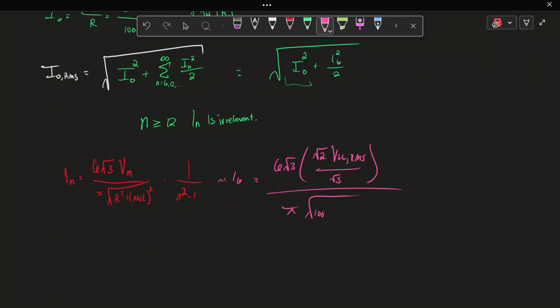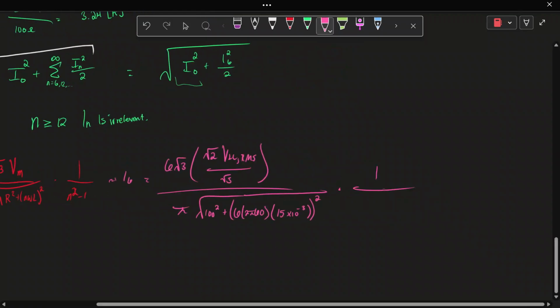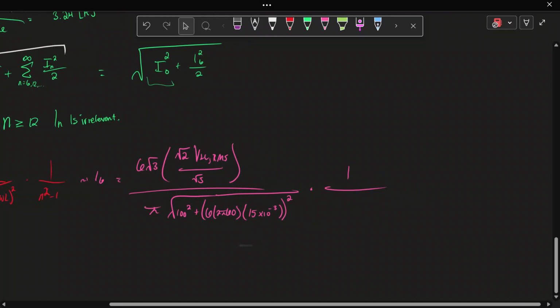So 100 squared, because that's our resistance, plus, and remember, every n gets the 6, 6 times 2 pi 60. Remember, omega is the angular frequency, meaning it's 2 pi times the frequency, times your inductance. So 15 millihenries, or 15 times 10 to the minus 3. And remember, we have to square all of this. Times 1 over 6 squared, because it's an n, which is 36 minus 1, or 1 over 35.